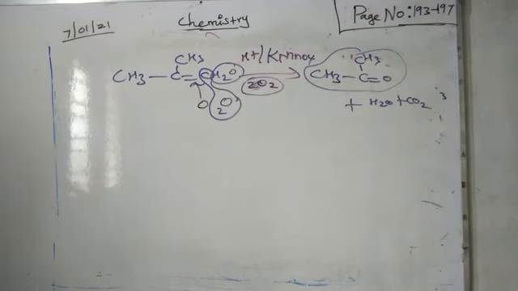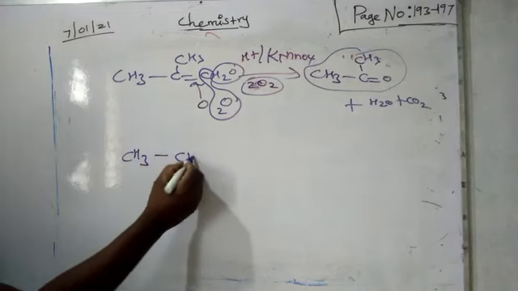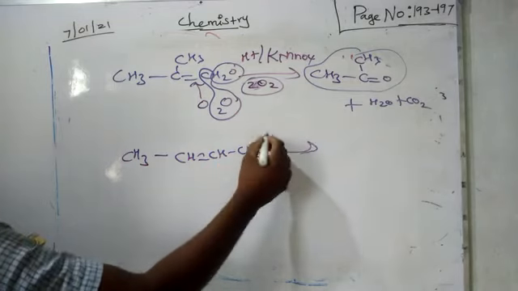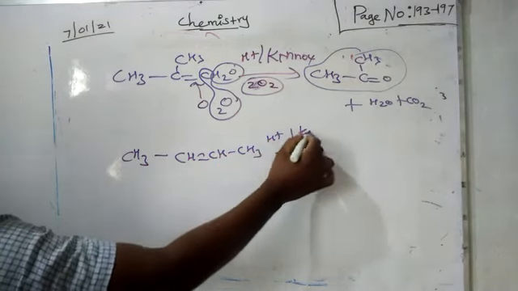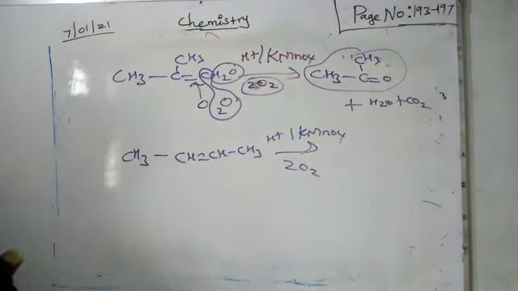In the same way we can bring the acid compound. You take CH3-CH=CH-CH3 with acidified potassium permanganate. As usual it will take 2 moles of oxygen.